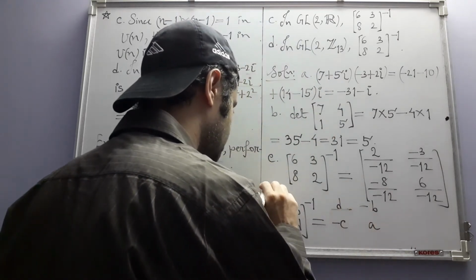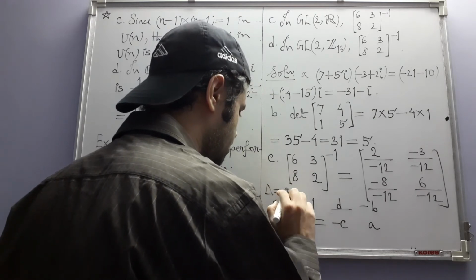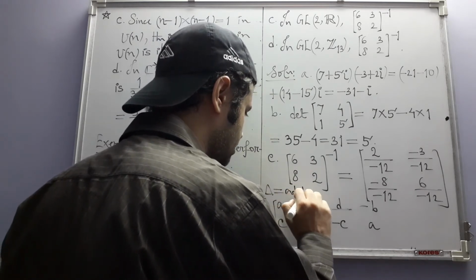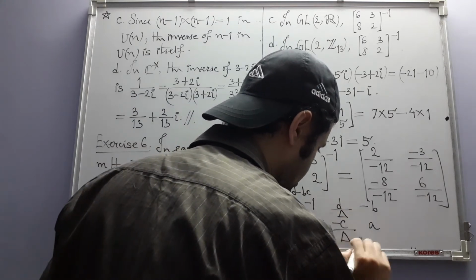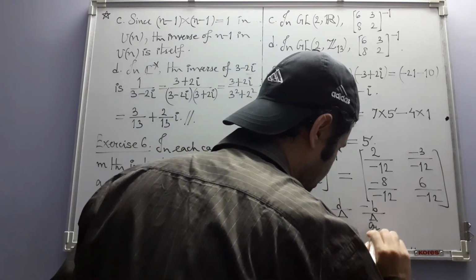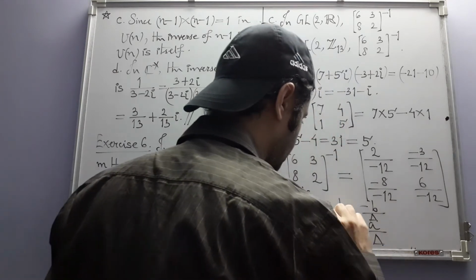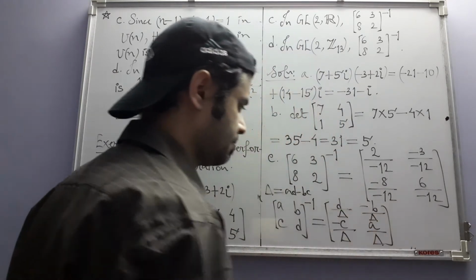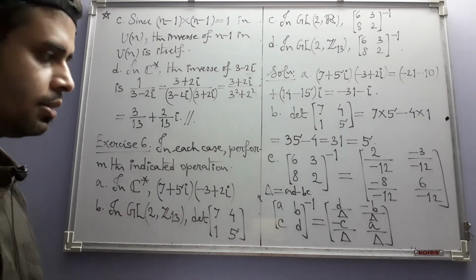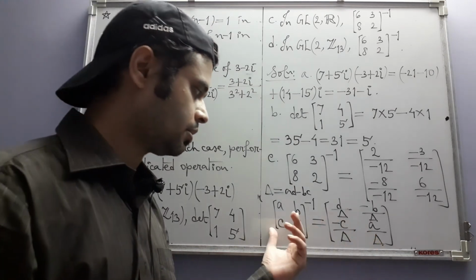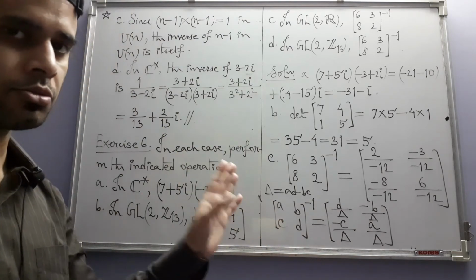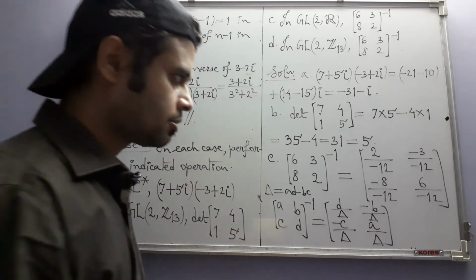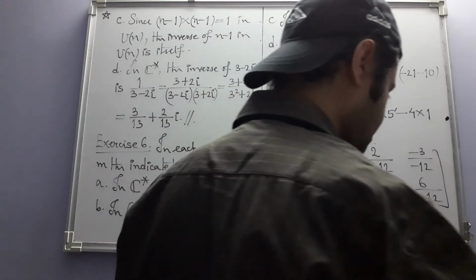If I denote the determinant AD minus BC by delta, then D by delta, minus C by delta, minus B by delta and A by delta. Okay, this is only the formula for the inverse of a 2 by 2 matrix. For a 3 by 3 matrix, it is totally different. That's what we have done here.